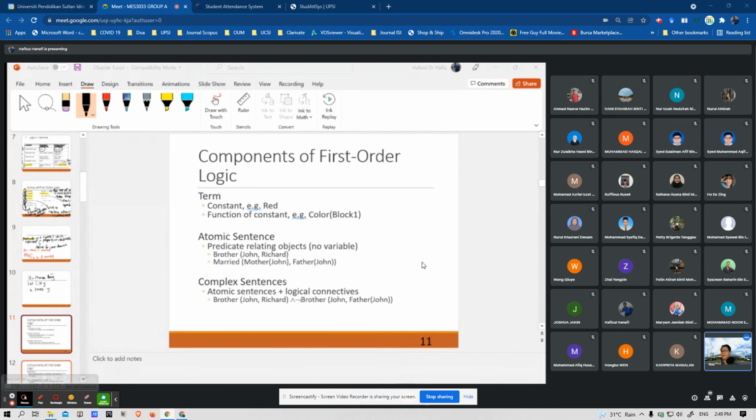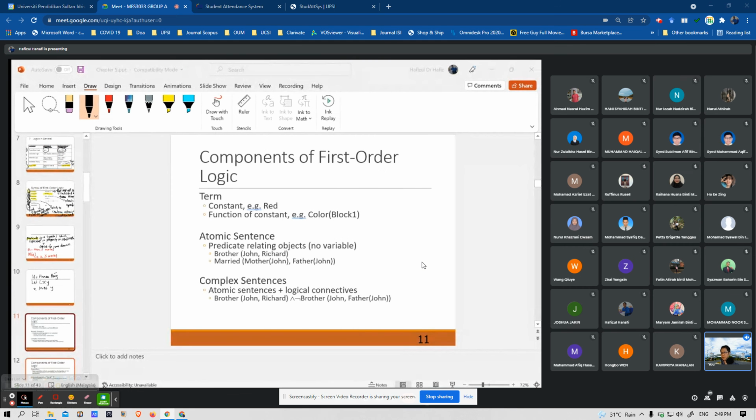We combine atomic sentences and logical connectives. For example, here we have John is a brother of Richard, and John is a brother, father is not. Okay, we put the negation here. Okay, we negate the logical connective.